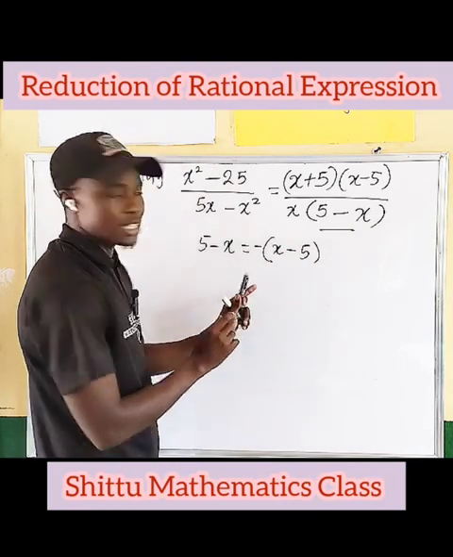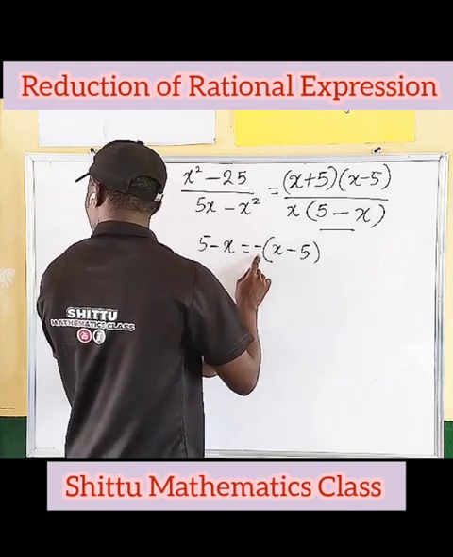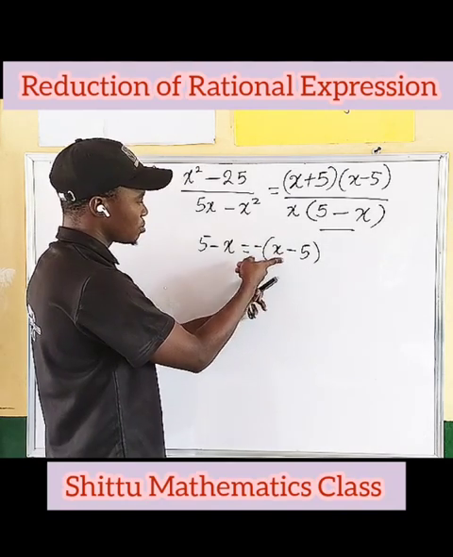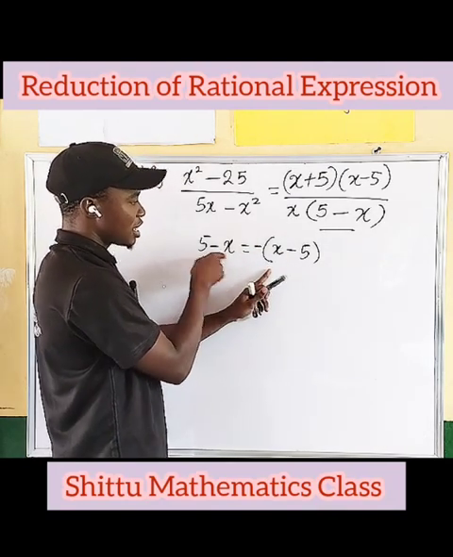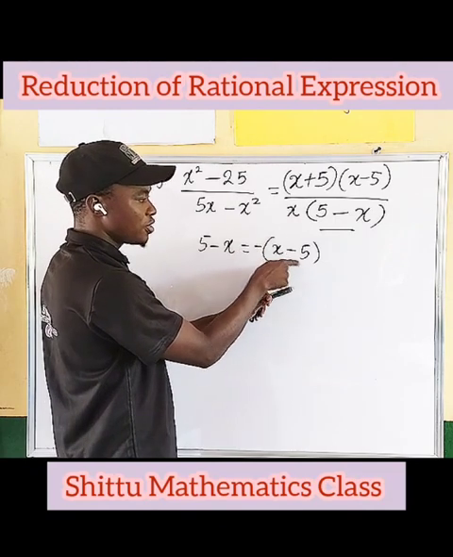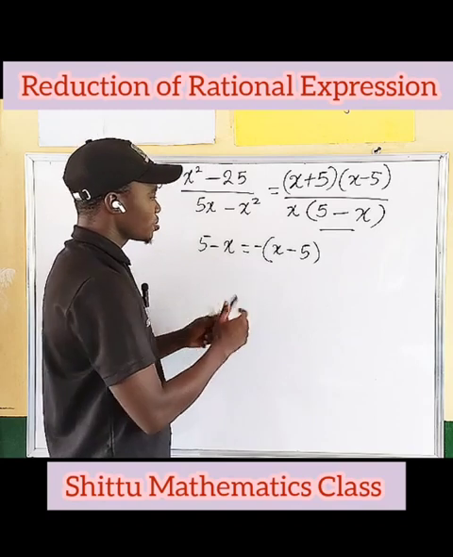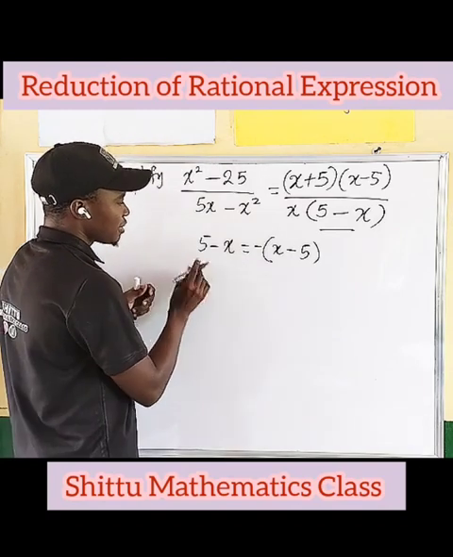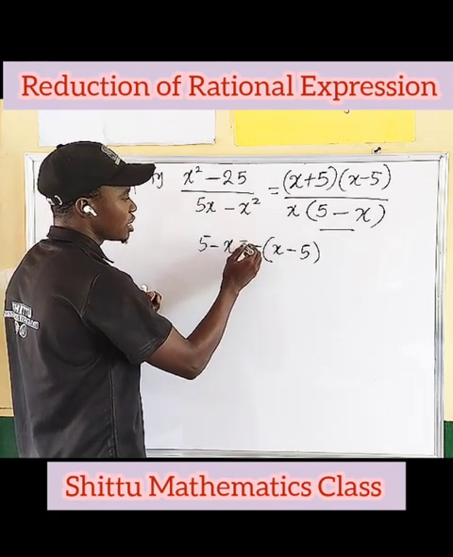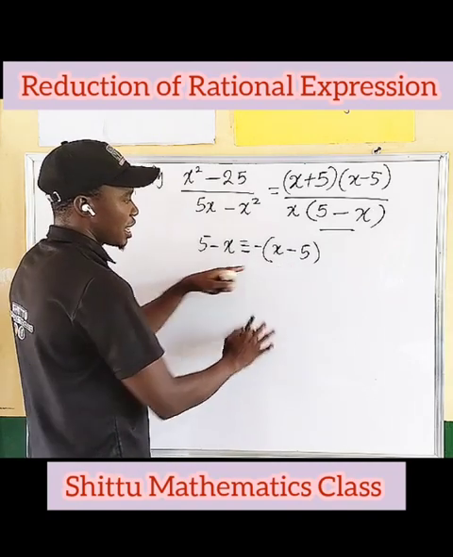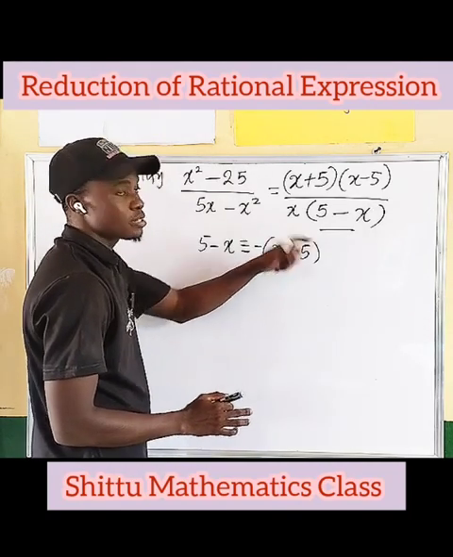When you look at this, minus times x, we are going to have minus x, and minus times minus 5, we are going to have 5. Is that understood? Therefore, we can say that 5 minus x is equivalent to minus into bracket x minus 5.